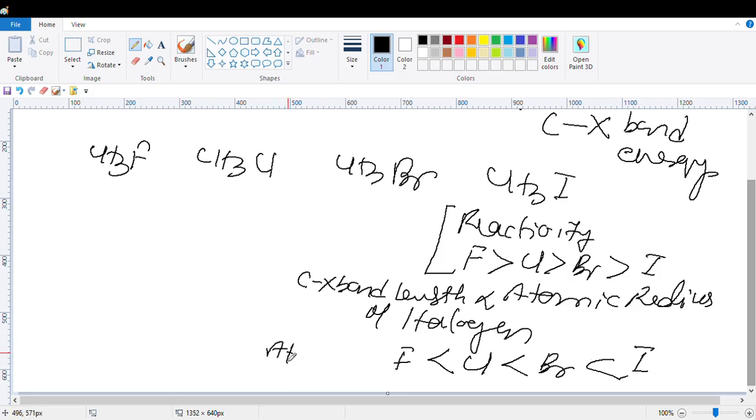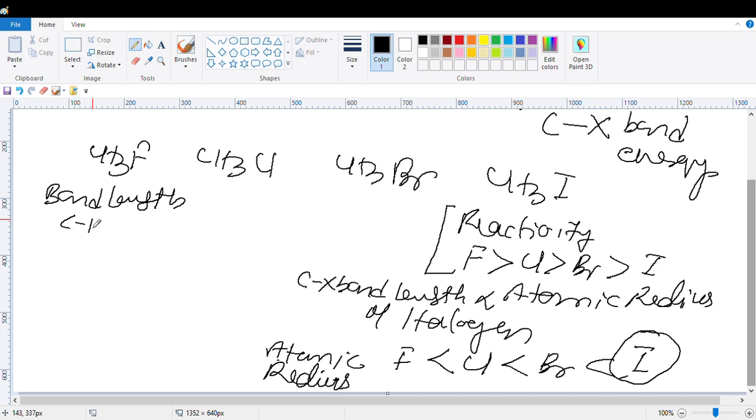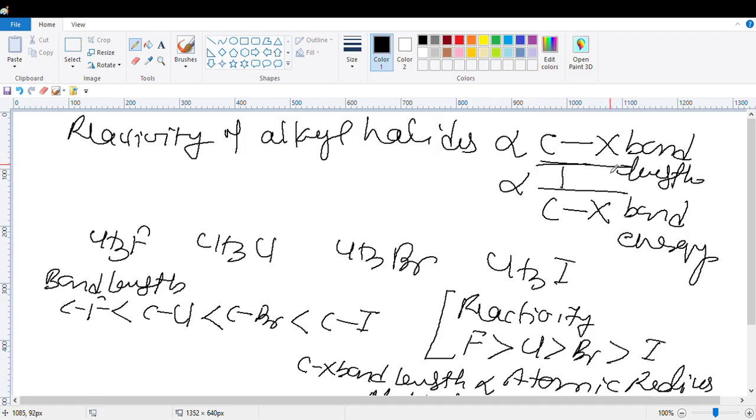So iodine is the largest atom, so the C-I bond length will be largest. The bond length will have the order C-F smallest, C-Cl larger, C-Br even larger, and C-I will be the largest bond.